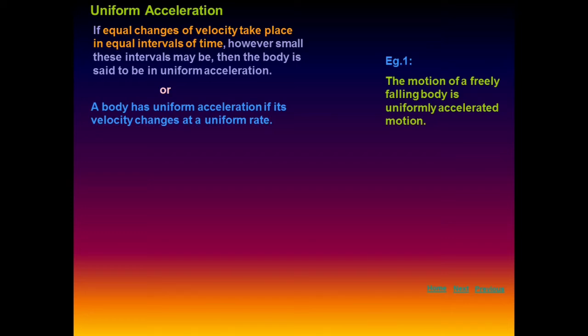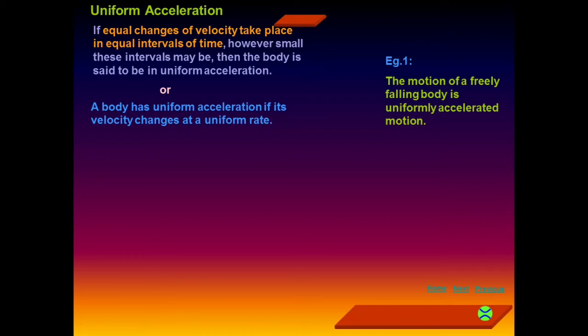A body which is released near the surface of the earth is accelerated downwards under the influence of the force of gravity. We have to take the absence of air resistance; all bodies fall with the same acceleration near the surface of the earth.